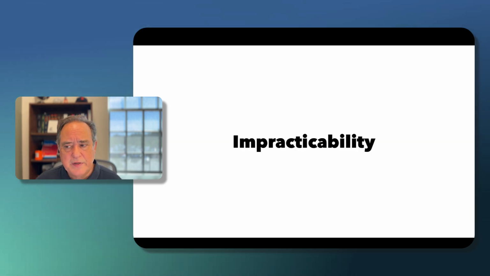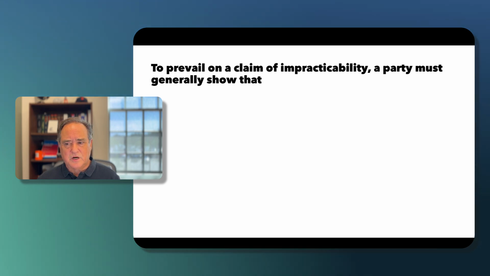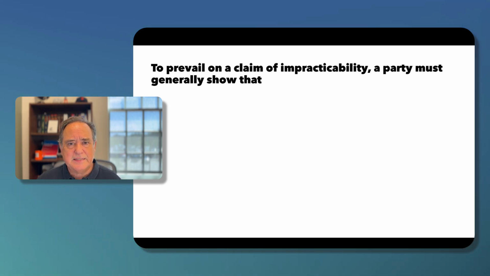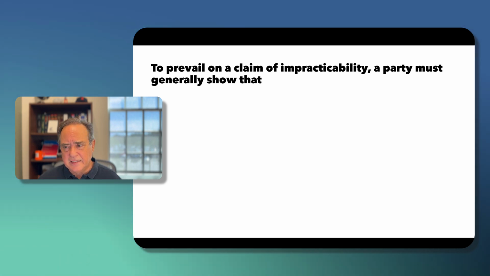Now, the second way we talked about is impracticability. And impracticability is a legal term. Essentially it means not impossible, but so difficult as to make the point of the contract meaningless.